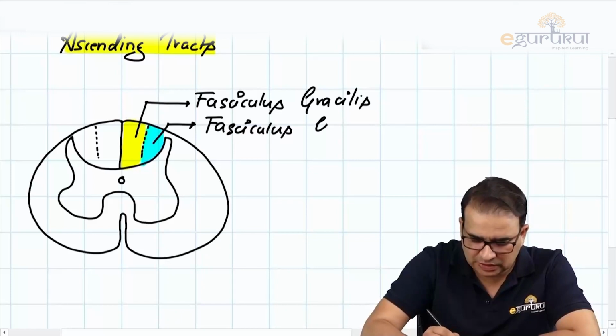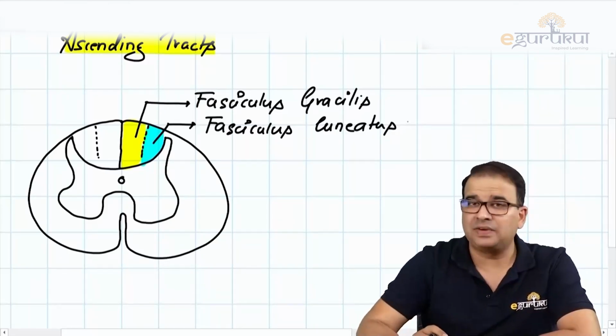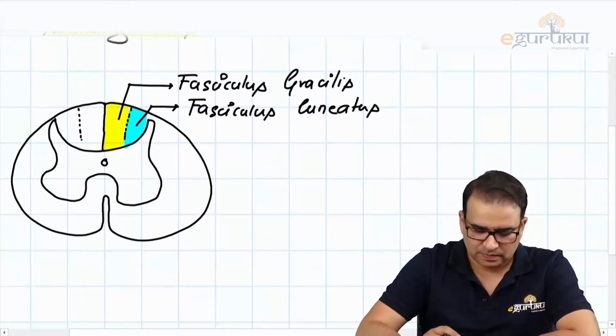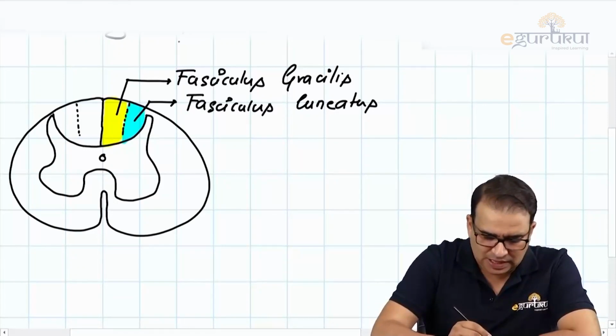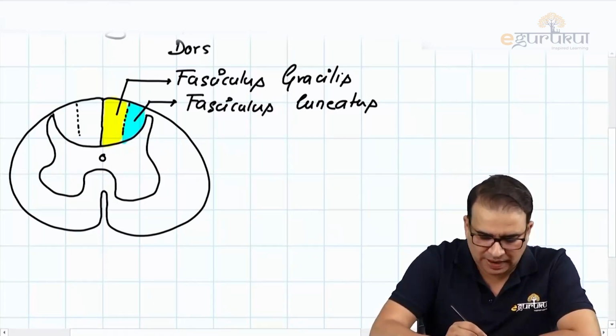And here we have the fasciculus cuneatus. Fasciculus gracilis and fasciculus cuneatus. Now together they are referred to as the dorsal column tract.